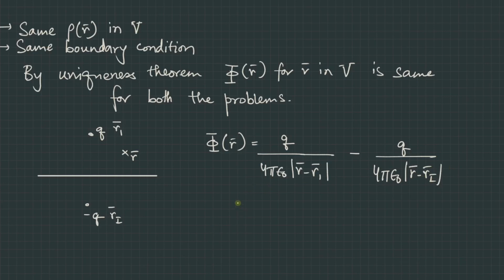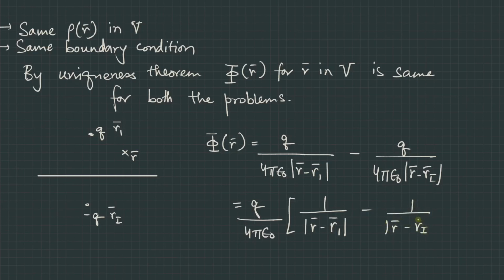Okay, let's simplify this. Q by 4 pi epsilon naught times 1 by |R minus R1| minus 1 by |R minus Ri|, where we must define that in the Cartesian coordinate system, R can be any arbitrary point x, y, z, where z has to be greater than 0.